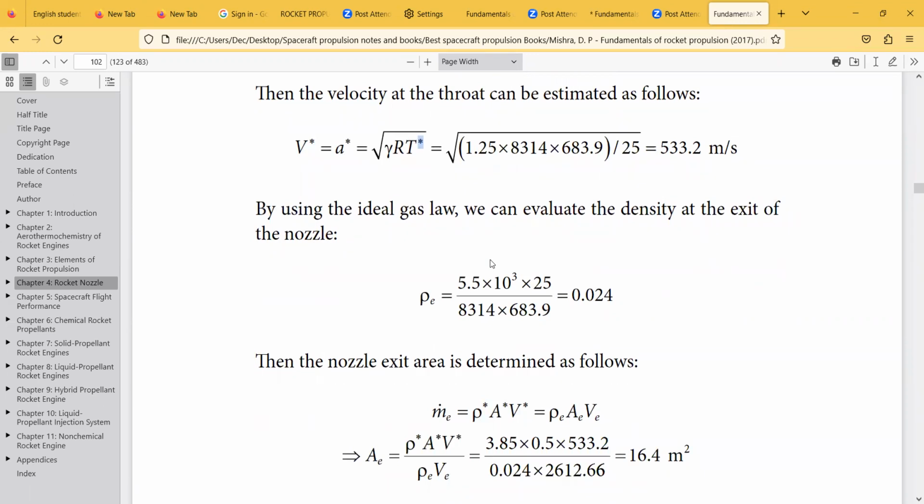And the exit density of this gas, we can evaluate from this equation. So rho exit is equal to what? The exit pressure times this.